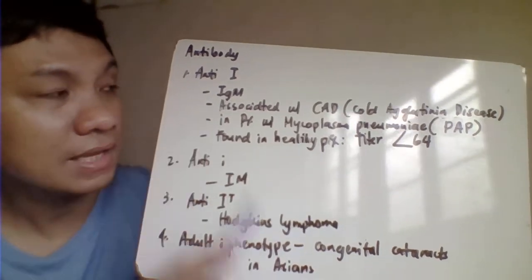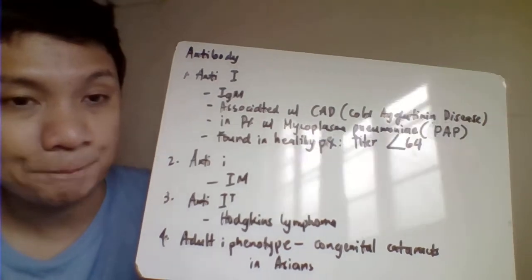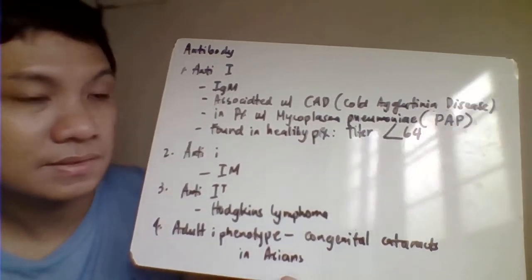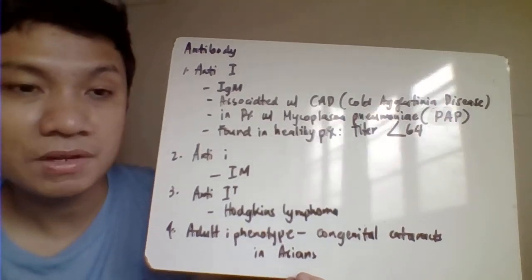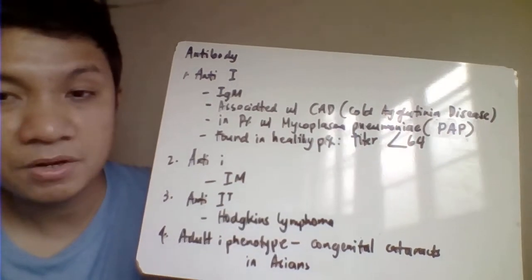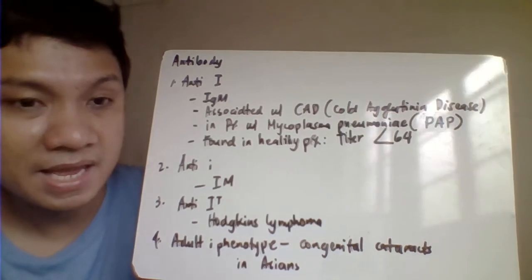But in the case of anti-I, this one is an IgM antibody associated with cold agglutinin disease. Also, the patient could develop this antibody once infected by Mycoplasma pneumoniae. That's your primary atypical pneumonia.